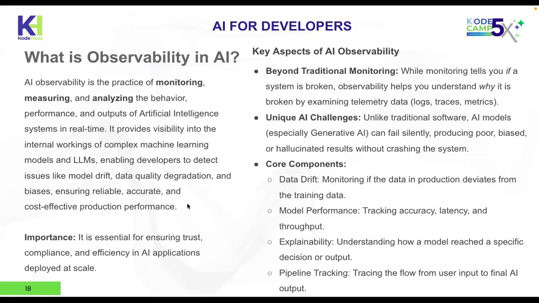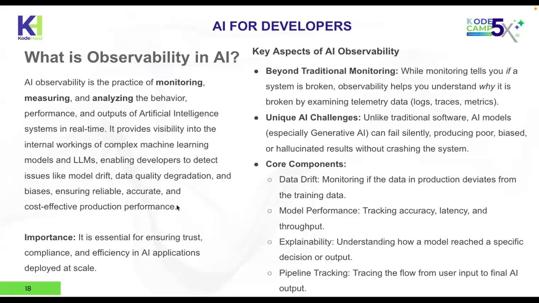So the importance, like I said, is to ensure trust, compliance, and efficiency for AI applications that you deploy at scale, because you need to see what's going on, right? If not, nobody will trust what the AI is doing, even you will not trust it.